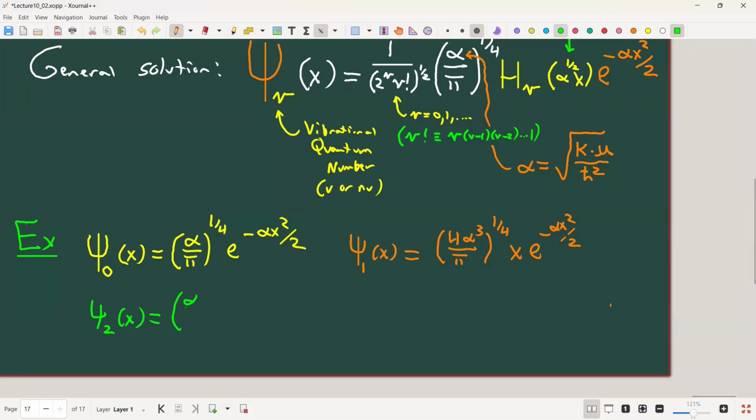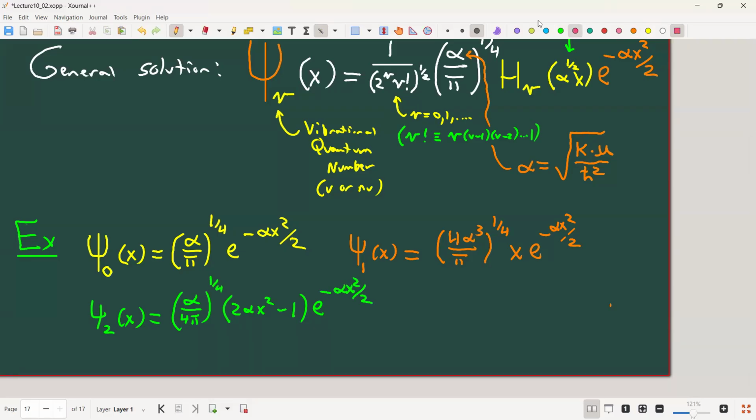Psi 2 is (alpha over 4 pi) to the 1/4. Then our Hermite polynomial is 2 alpha x squared minus 1, times e to the minus alpha x squared over 2.